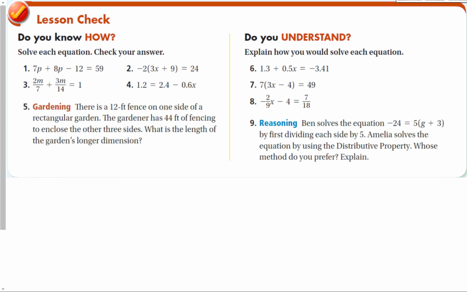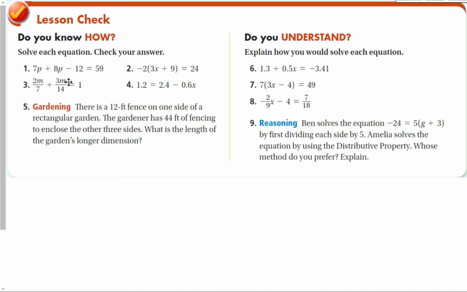So, our lesson check. Solve each equation, check your answer. My first step here would be to combine the 7p and the 8p, add 12, then divide by 15. Then we're going to either find a common factor or multiply both sides by 14.